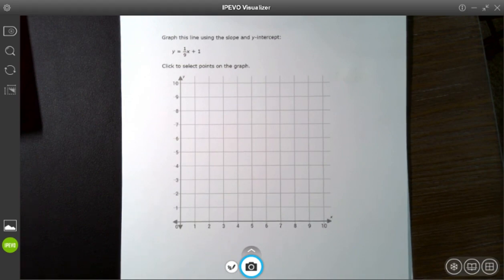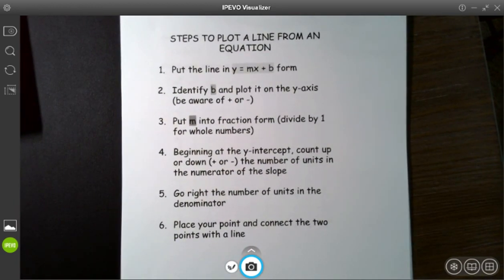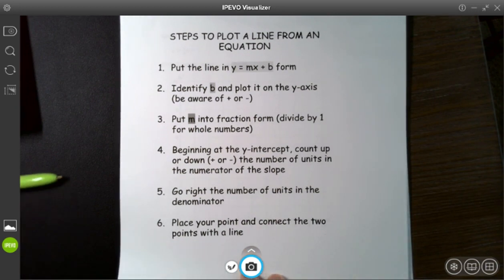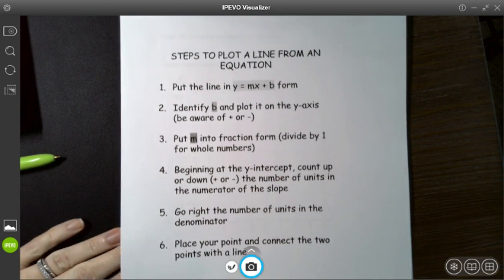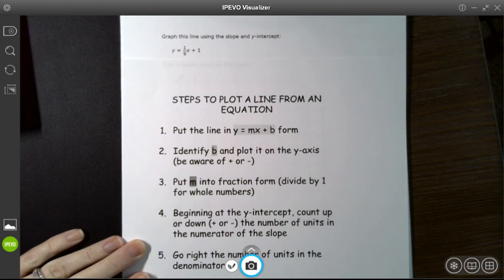So here are my 6 foolproof steps in order to graph from an equation in slope-intercept form directly. All right, so step 1, put the line in slope-intercept form, y equals mx plus b. I do have that.